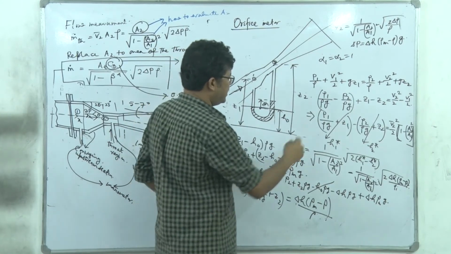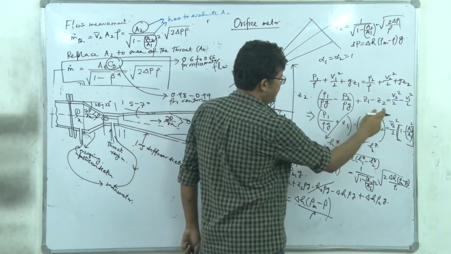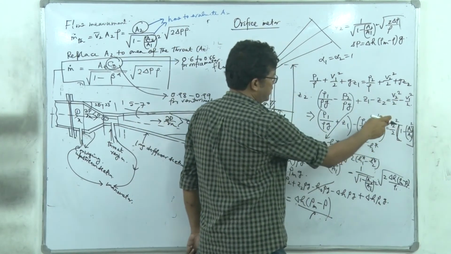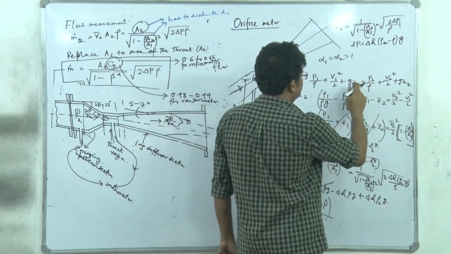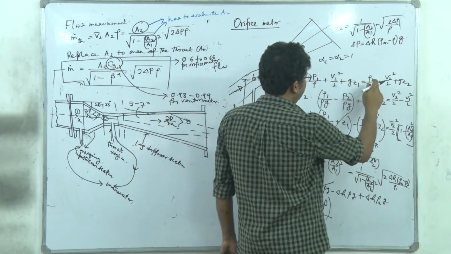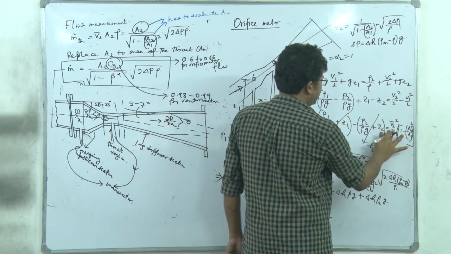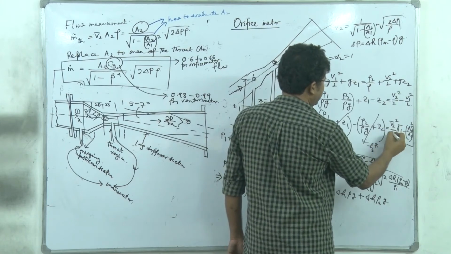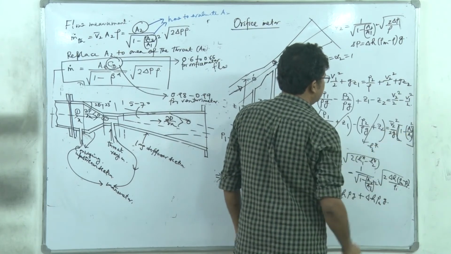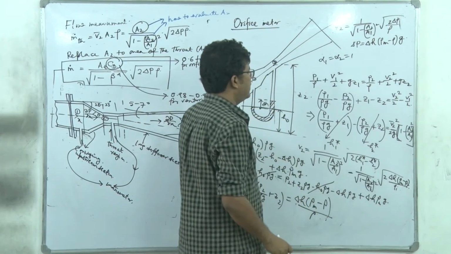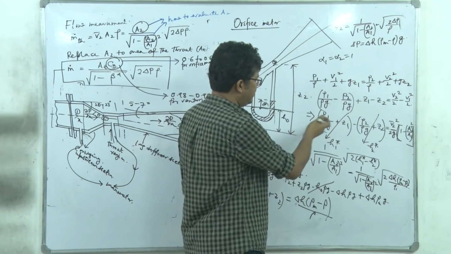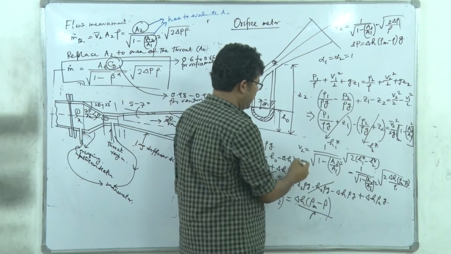So basically we have made a calculation mistake here: whenever I am dividing by rho G, it will be V square divided by 2G, right? I am dividing it by G, so it will be V square divided by 2G.